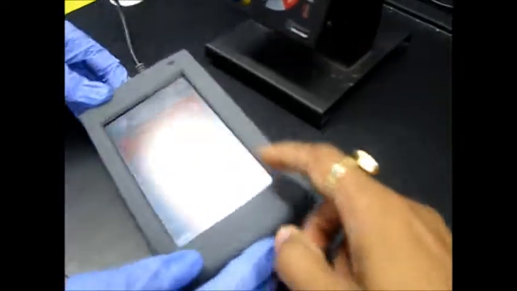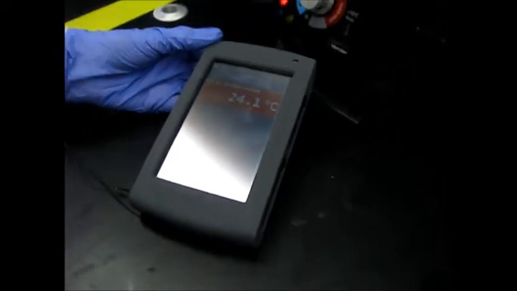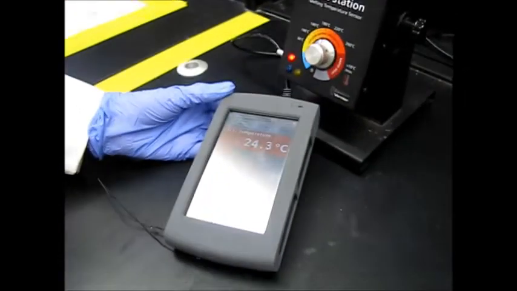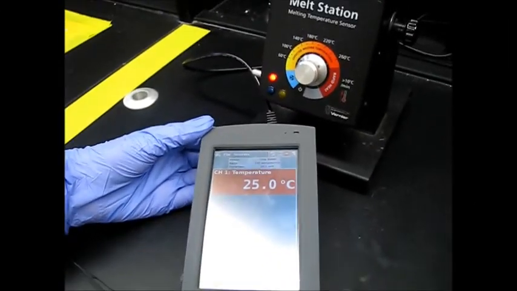And we have to keep monitoring temperature here. This LabQuest will tell you the exact temperature, how much your temperature is increasing in the melt station.